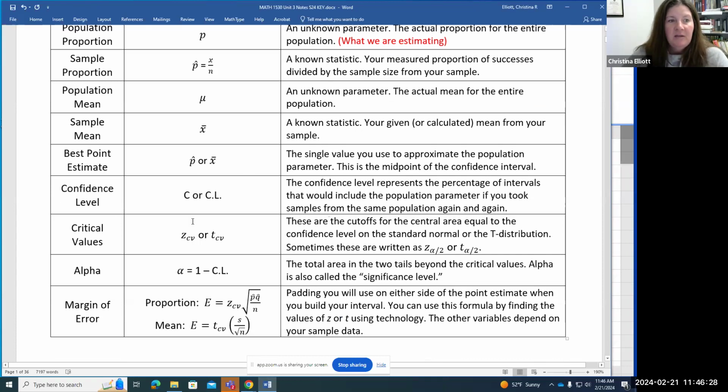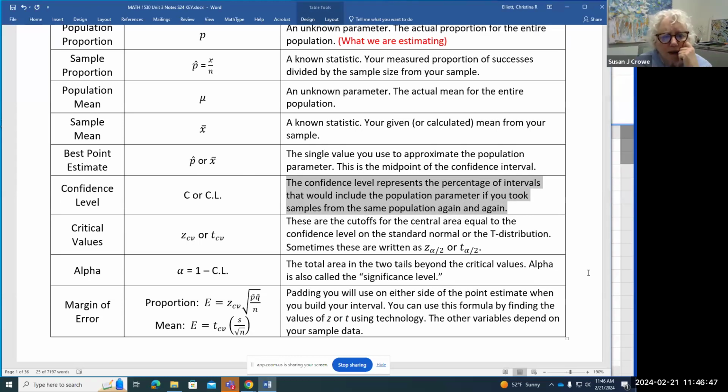The confidence level, which is usually represented with a C or CL, represents the percentage of intervals that would include the population parameter if you took samples from the same population again and again.